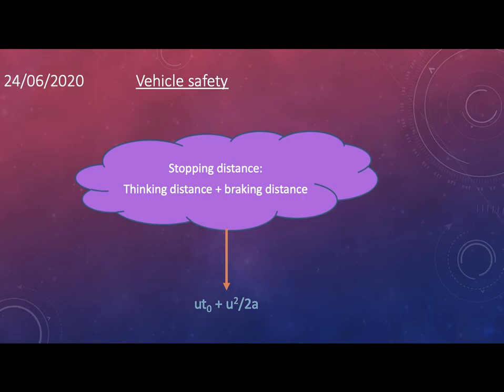Thinking distance is constant, zero acceleration, so we can just use speed equals distance over time, distance equals speed times time. With the previous slide, the braking distance, we used a no-t equation, v squared equals u squared plus 2as. And that's it about stopping distance and braking distance and thinking distance.